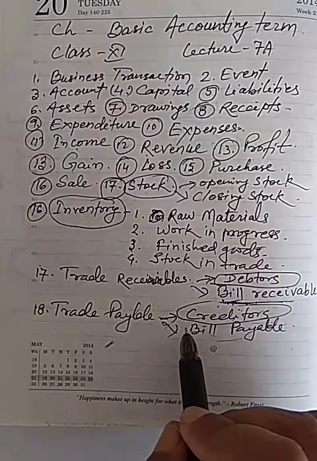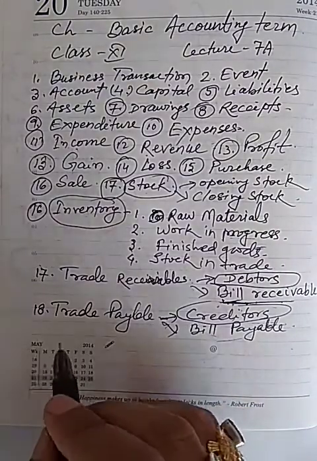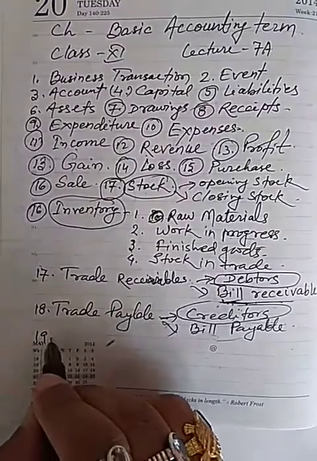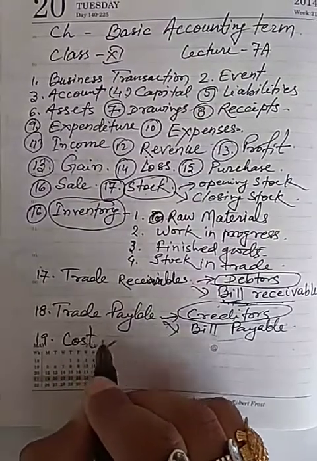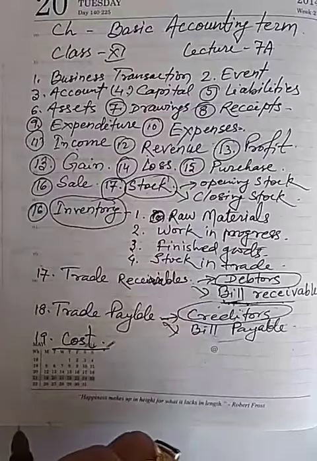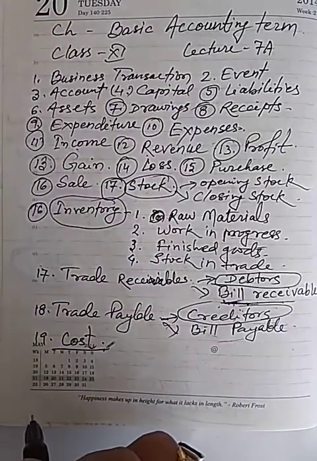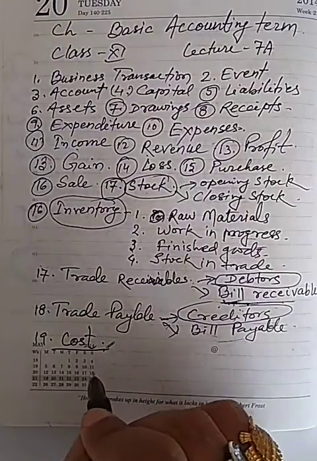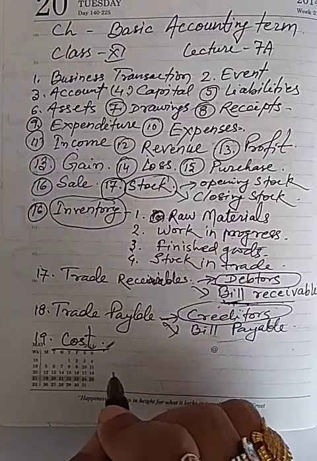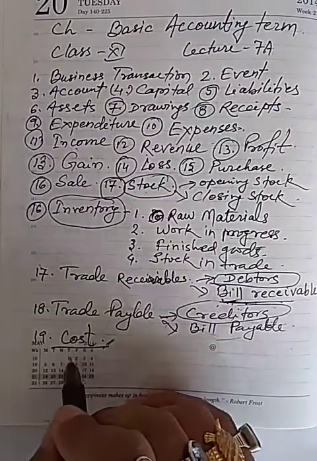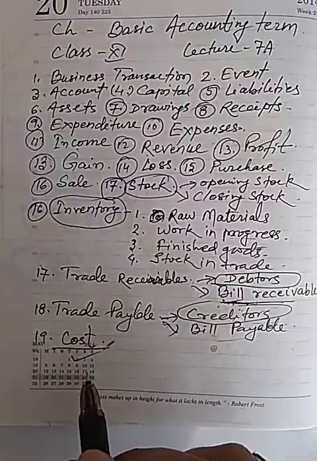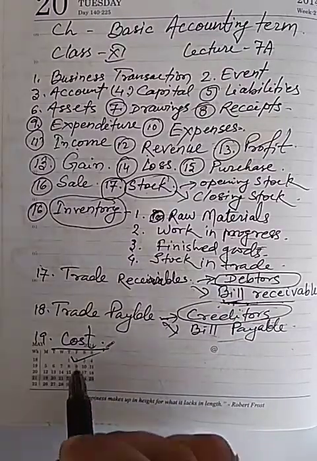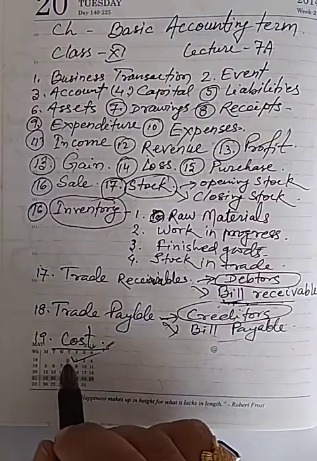Now, next point is cost. Cost can be termed as the amount of resources given up in exchange for some goods or services.